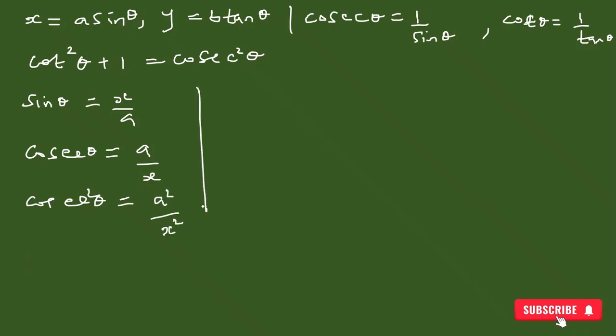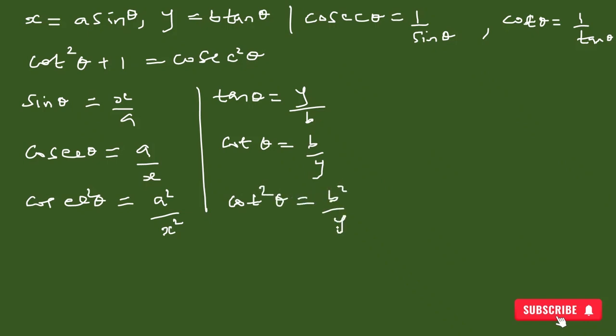Do the same for this: tan theta is equal to y over b. We want to get cot so that we can substitute in our identity. Cot theta is the reciprocal of this, which is b over y, and therefore cot squared theta is b squared over y squared.